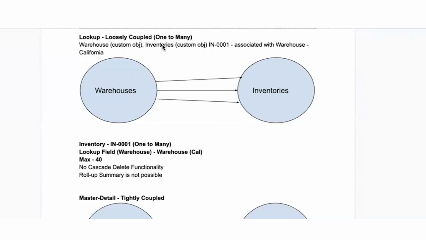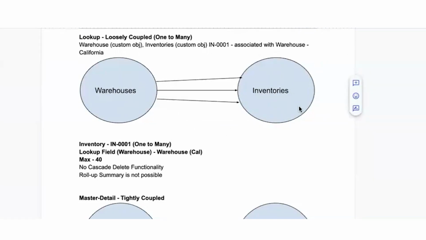Let's try to understand this with help of an example, warehouse and inventories, right? So these are two data tables, two objects, custom objects created in Salesforce. Warehouse, custom object 1, inventories, custom object 2. Now, let's suppose the business has requested you to create a relationship between these two data tables.